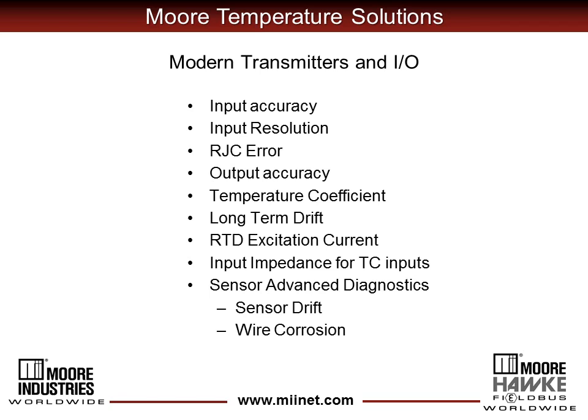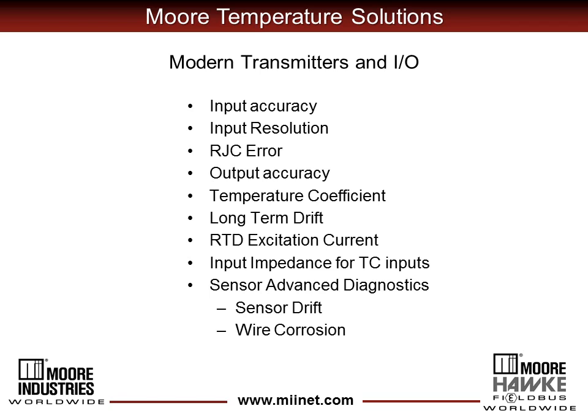Okay, measurement errors. If you buy modern temperature transmitters or temperature I/O systems from major instrument companies, I think you're going to find similar performance specifications. If you are trying to differentiate some of the finer points between a couple of different instruments, you might want to compare these specifications.